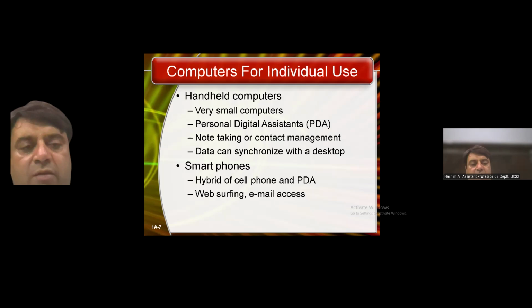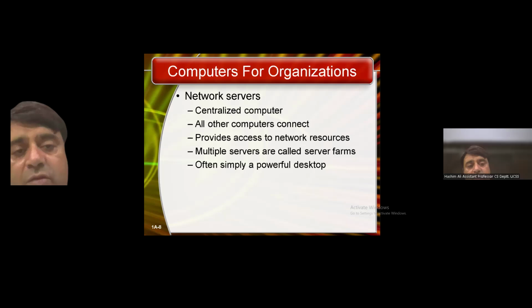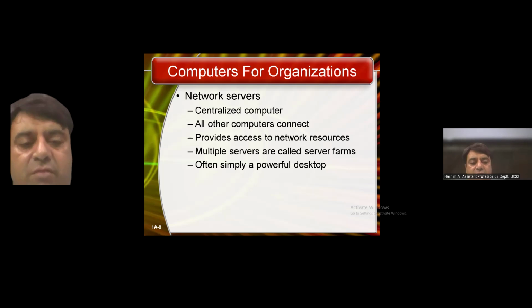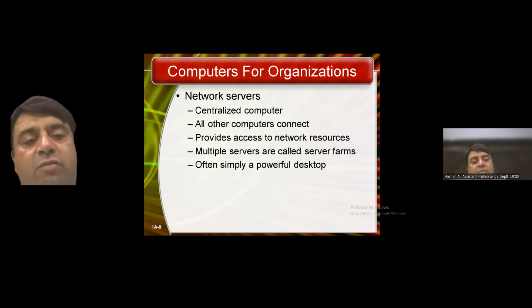Then we have computers for the organization, and the first computers used within the organization are the network servers. A centralized computer, which means a computer is placed at the center, and other computers are connected through different media, whether wireless or wired.